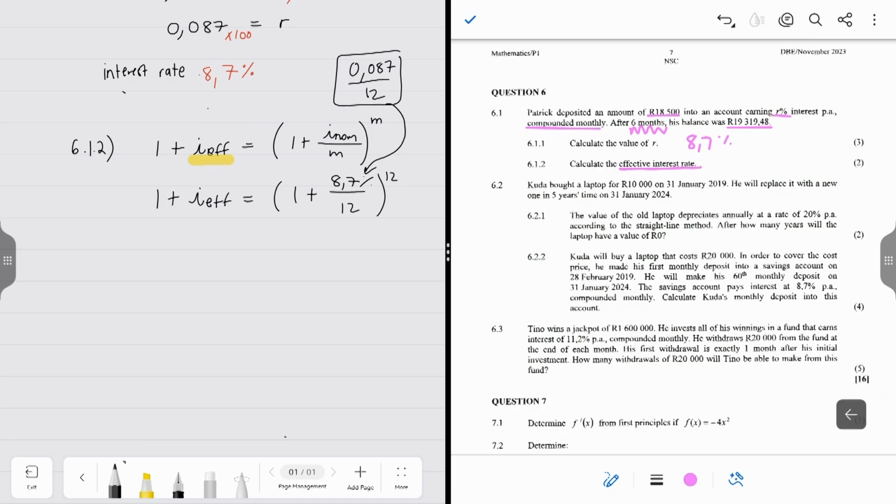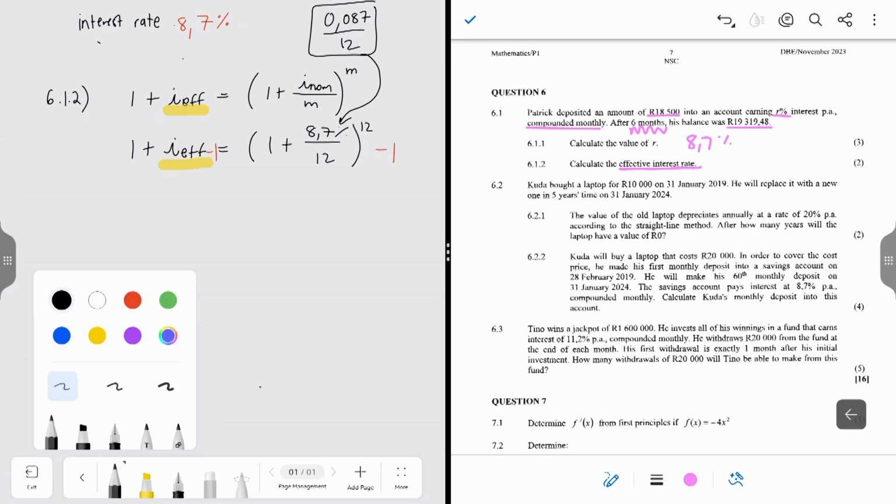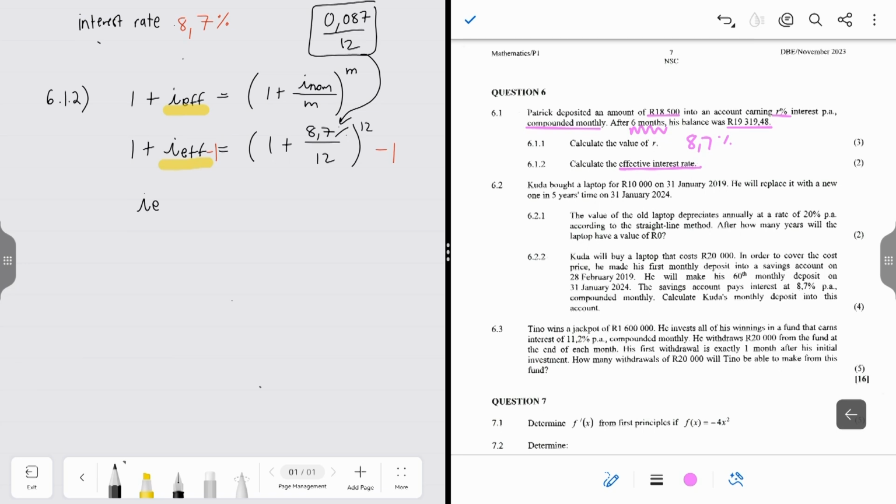And what we want is to find out what our effective interest rate for the year is. So to get the effective interest rate on its own, I'm going to subtract 1 on both sides. I'm just going to put a minus 1 there, minus 1 over there. And I've got I effective is equal to 1 plus my nominal interest rate, and I'm putting it as a percentage, raised to 12.